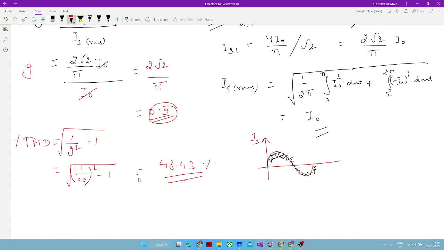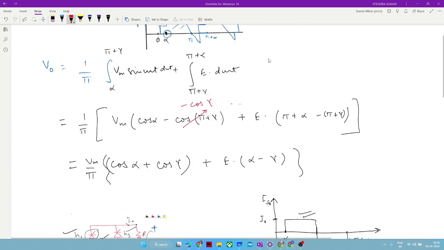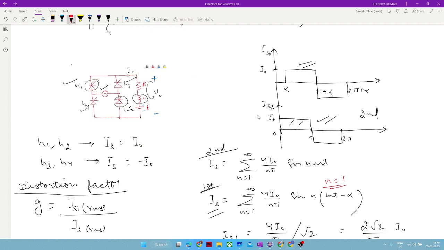So we are done with the distortion factor and all kinds of voltage averages. And if you need to compute I naught at any point of time, you just need to look at the load side. Let us suppose your load has R and E. You computed V naught from your voltage waveform.